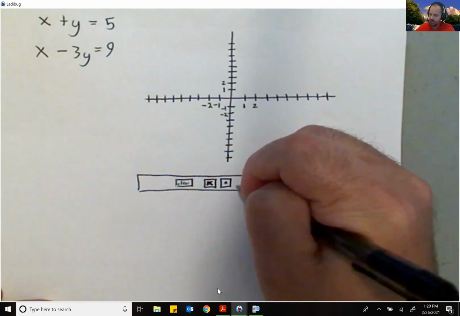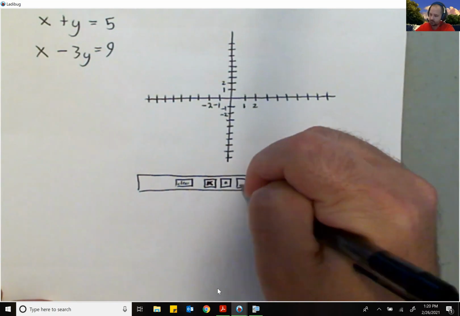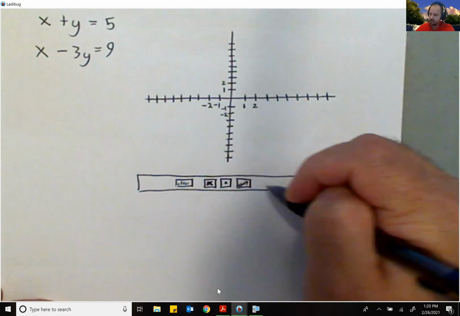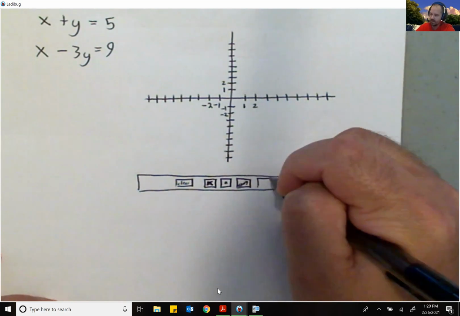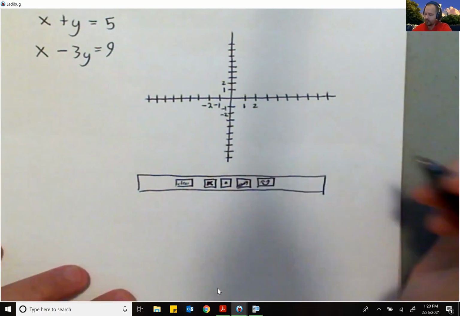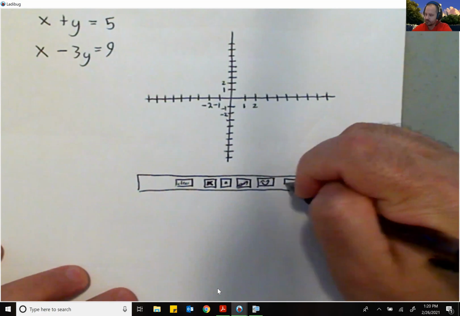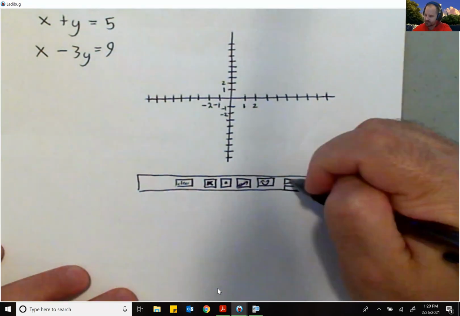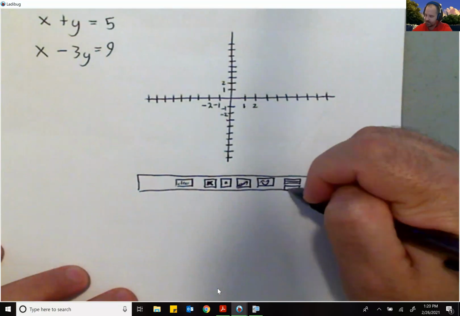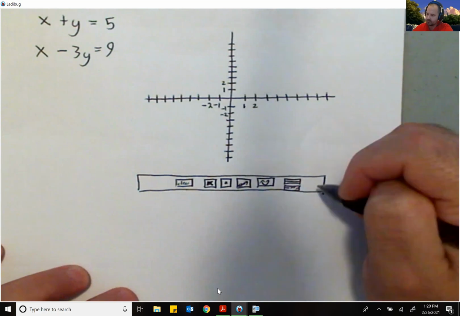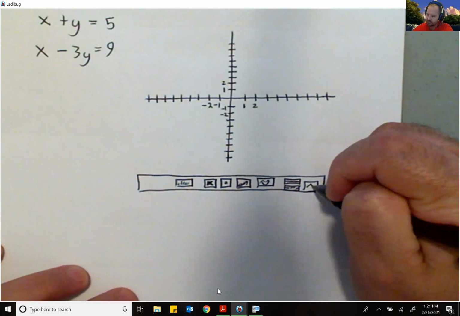Then there is a line tool that has 2 dots on it. And then they have like a quadratic tool. Then over here, there's 2 buttons on top of each other, one with a solid line in it, one with a dotted line in it. And then over on the other side, I believe there was a paint bucket.